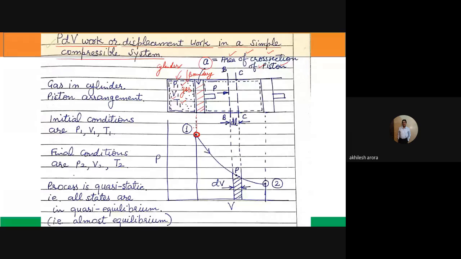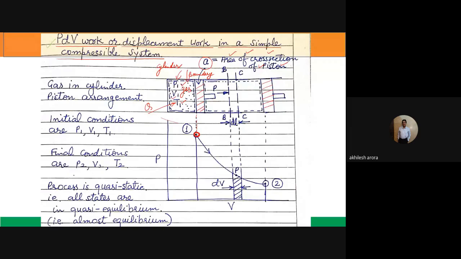Now, due to some reason, for example, if I supply a certain amount of heat Q here, what will happen? Because we are supplying the heat and the boundary is flexible, because there is a frictionless piston, let us say that after the supply of heat, the piston reaches this particular point.